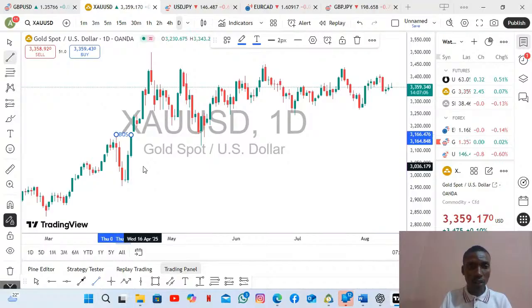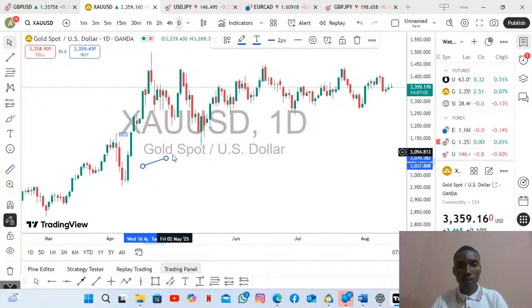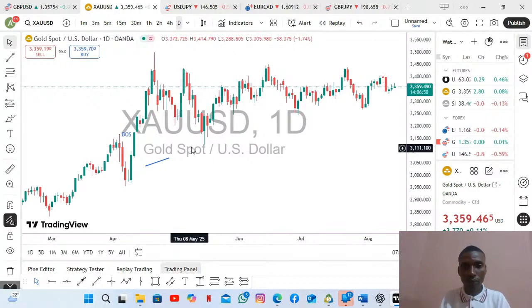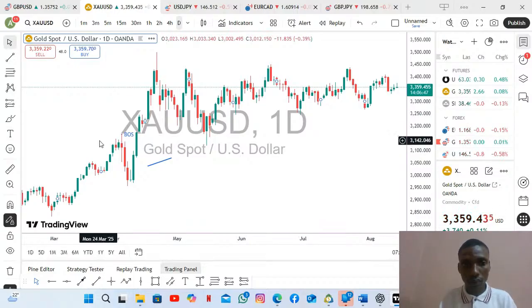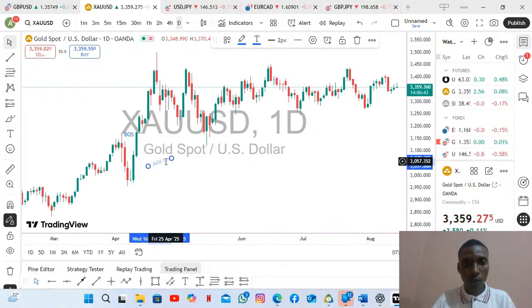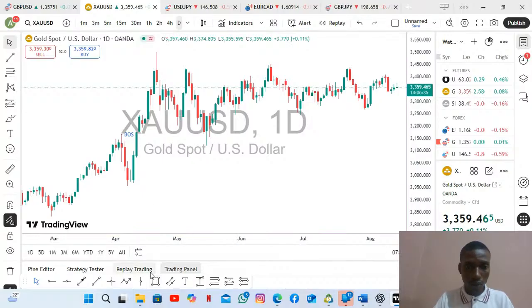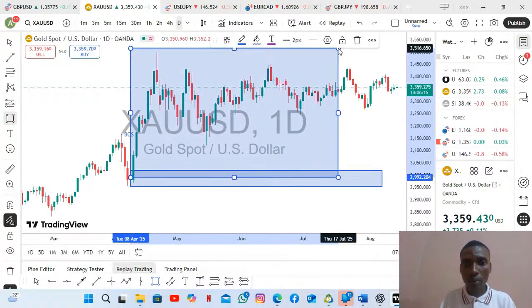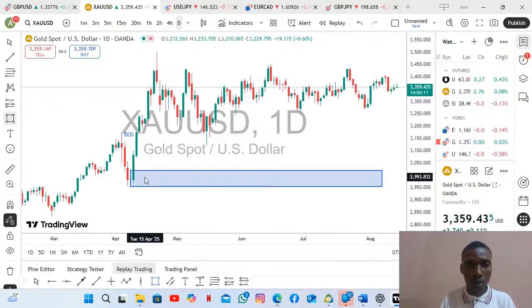This is our order block. We are going to look at this order block.